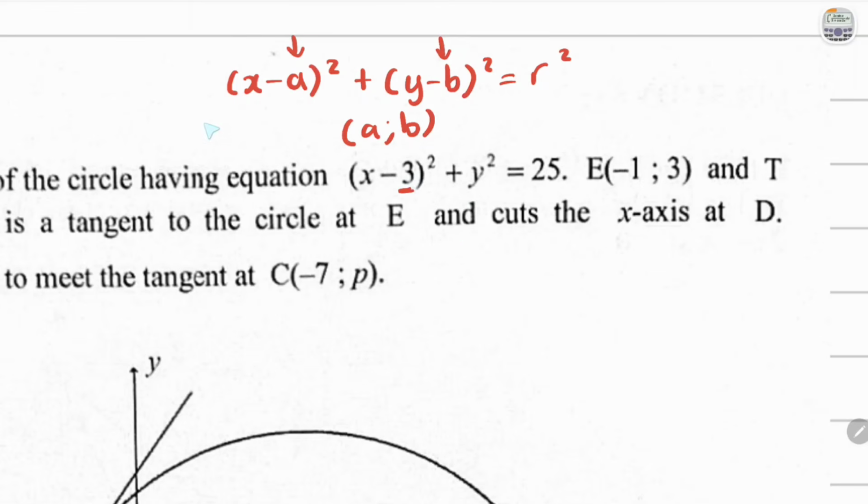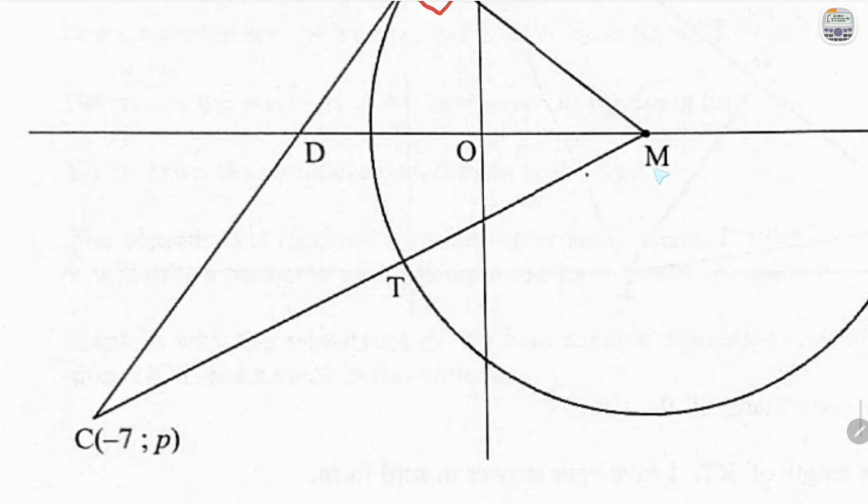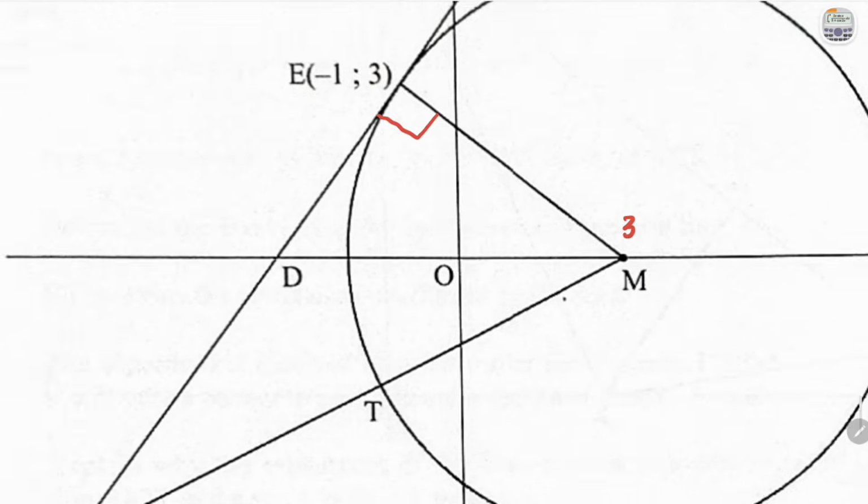It's x minus 3, so a is 3. But what is b? If you ever have just y squared or x squared, it means that the center's value was just 0, because you must have said y minus 0 all squared to just get y squared. So this point is actually 3 and 0. So we know what M is. It's 3 and 0, so it's on the x-axis at 3.